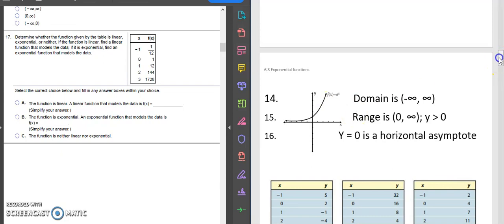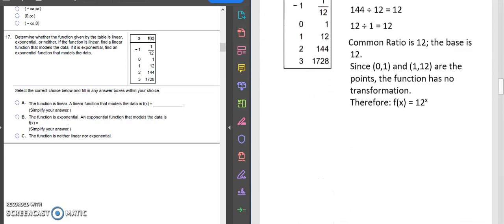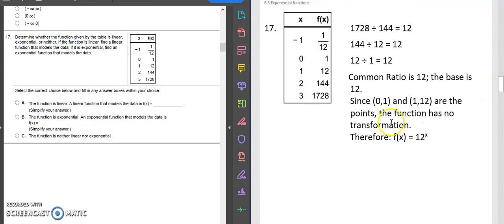So now, if you start out with 12 to the x, you just check, okay, when I plug in 0, do I get 1? The table already indicates that you get (0, 1). And when you plug in 1 into the function, you get 12. Also, 12 raised to the 0 power is 1. 12 raised to the first power is 12.